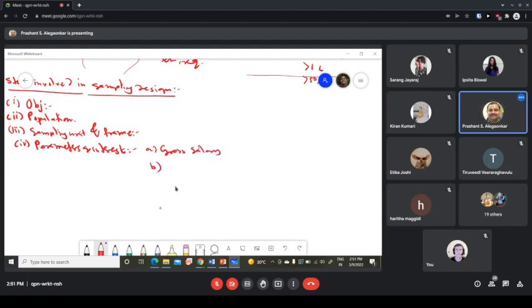The second parameter we will be looking at is the type of job. Whether it is a government job or a private job. If it is a government job, then which class: class 1 officer, class 2, 3, 4.